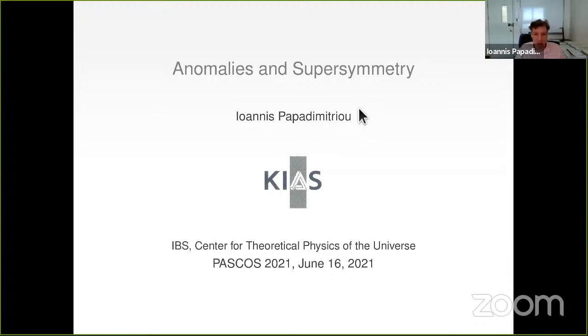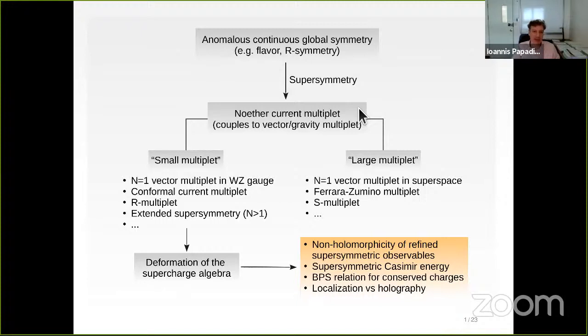So the problem I'm going to discuss is related to continuous global symmetries that are anomalous. Examples of this are flavor symmetries or R symmetries, but they can also be other symmetries like higher form symmetries, for example. And in particular, I want to discuss what happens to these symmetries in the presence of supersymmetry.